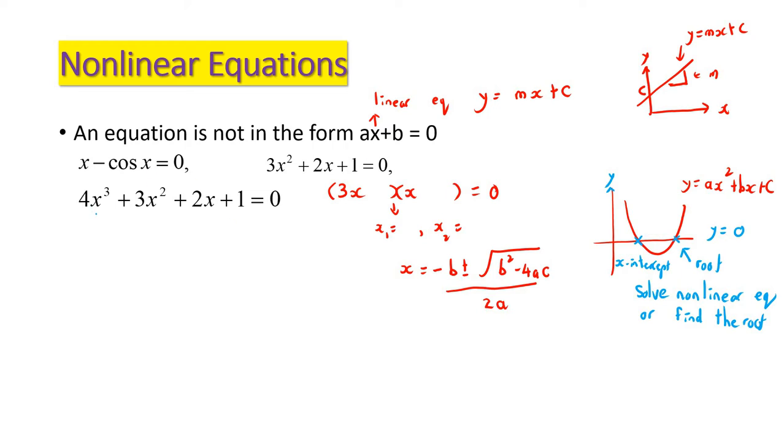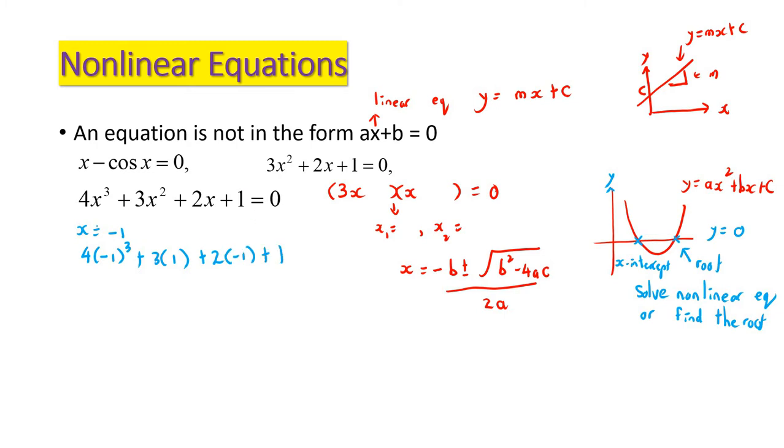In secondary school, you also know how to find the root of a cubic equation. First of all, you have to guess the first root. Maybe let's say you guess x equal to negative 1. You plug in here and see whether you get 0. Trying x equal to negative 1, you have 4 times negative 1 cubed, plus 3 times negative 1 squared, which is positive 1, plus 2 times negative 1, plus 1.